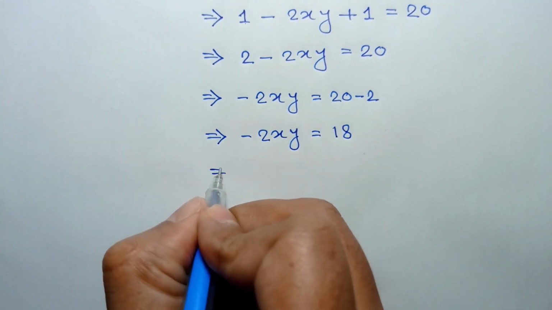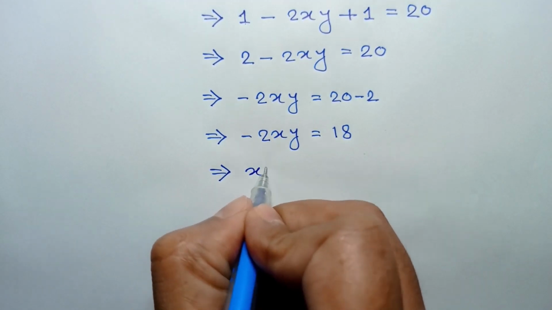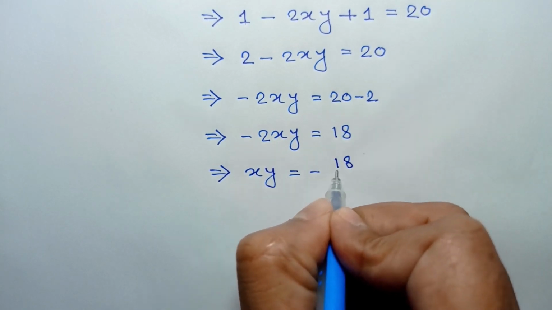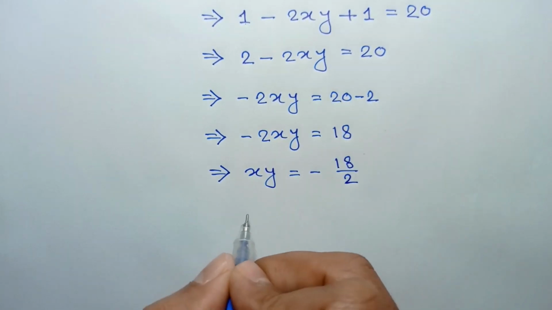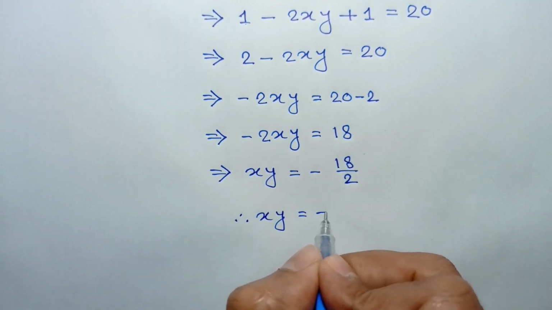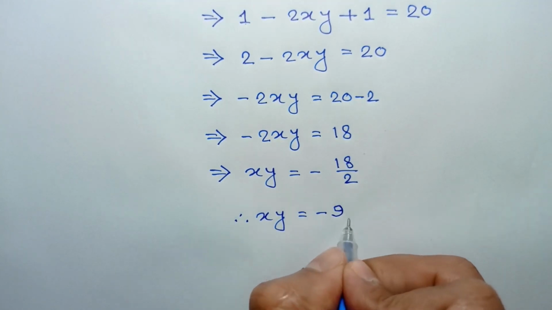Now dividing both sides by −2, we will have xy = −18/2. So the value of xy is −18/2, which is −9.